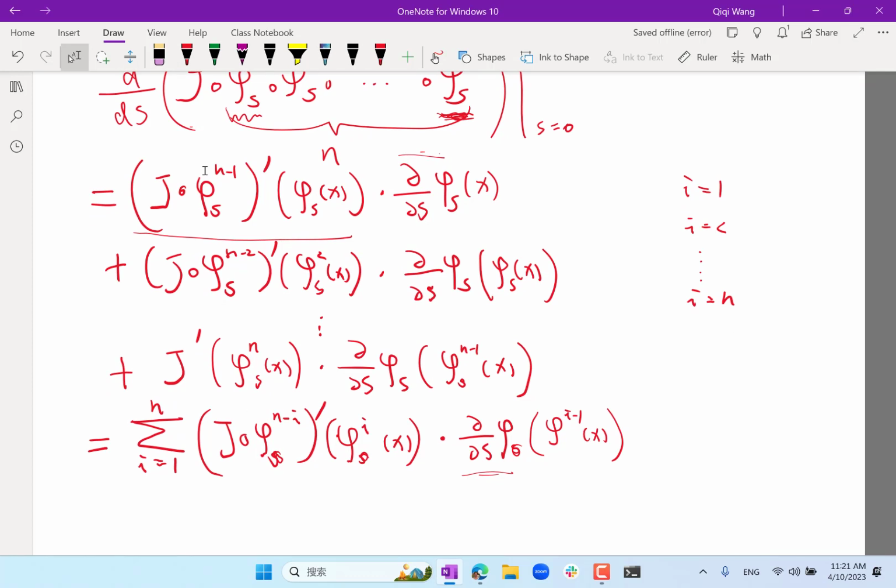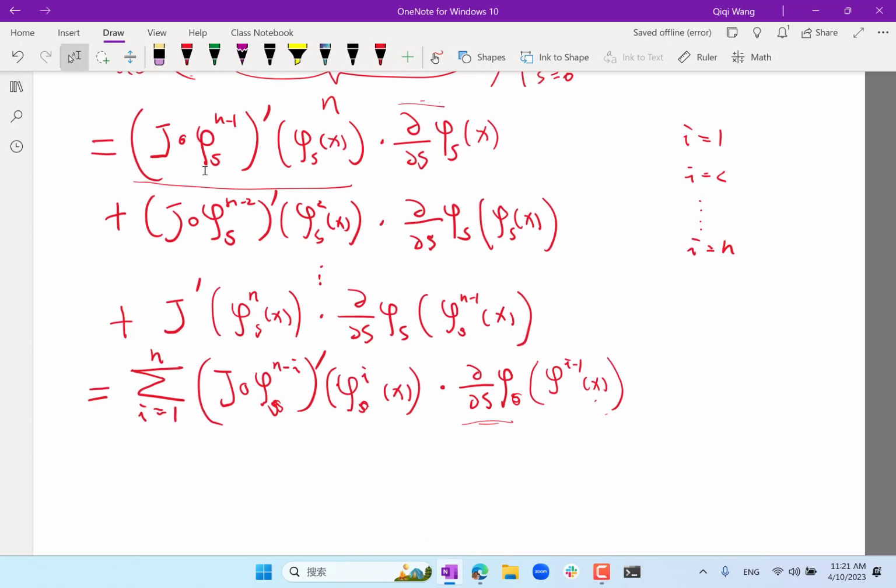Therefore, when we integrate, it doesn't matter if we are integrating over the ergodic measure of x or the ergodic measure of phi to the i minus 1 x. Because the probability density function over x is the same as the probability density function of phi x, and is the same as that of phi square x. If we take the ensemble and map it no matter how many times, it's the same distribution.